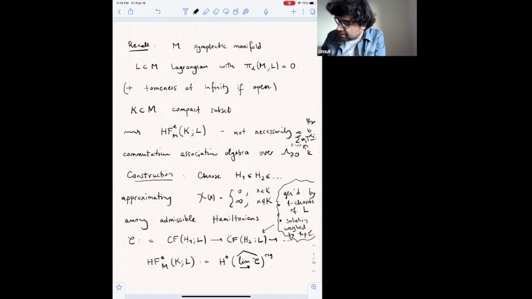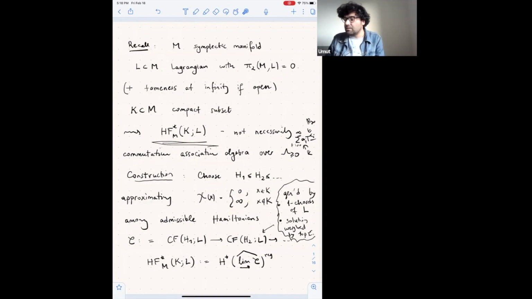The construction of this relative Lagrangian Floer homology goes roughly as follows. You choose a sequence of Hamiltonians which are growing. This is what's generally called the acceleration data. These Hamiltonians are supposed to approximate the function that's 0 inside the compact subset and infinity outside.